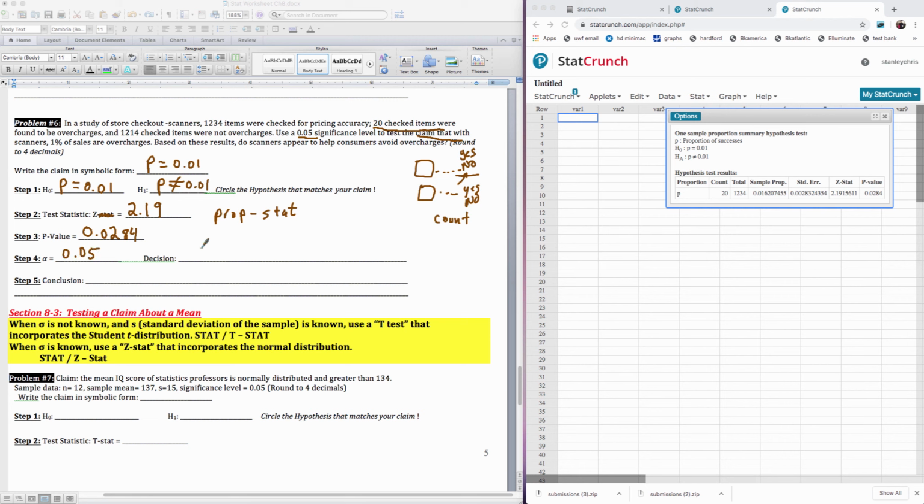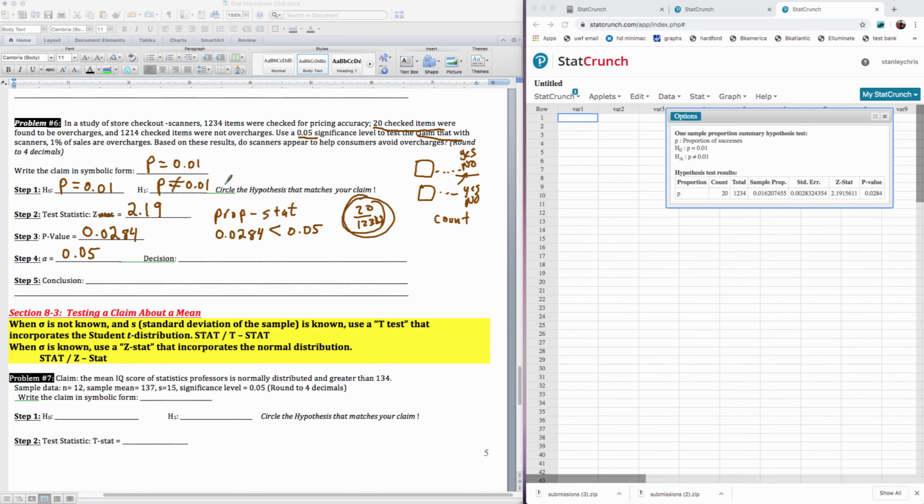Okay, so the p-value, 0.0284. Yep, that's less than 0.05. So what they're saying is this result, this 20 out of 1,234, is something that's unusual if the null is true.